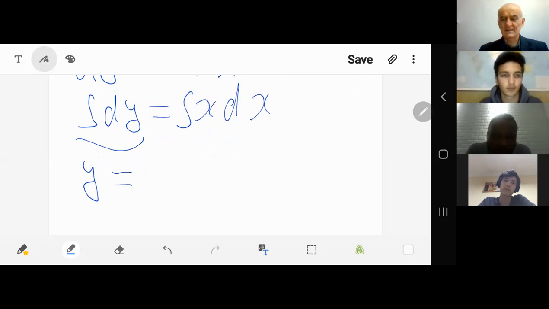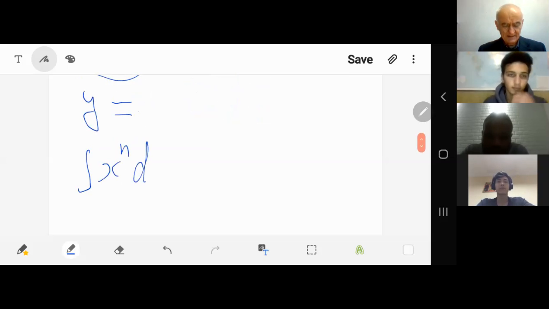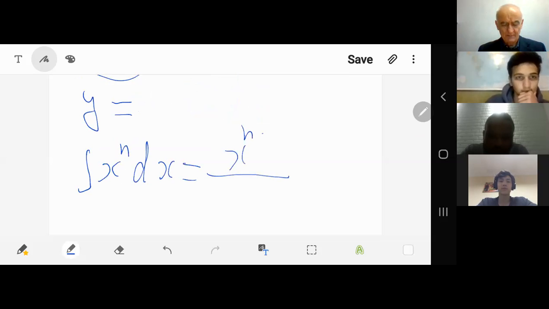Yes, it's x squared divided by 2. Mohammed, do you remember this formula, Emmanuel? The formula for the integral of a power function. I will write down this formula. Look, integral x to power n dx equals x to power n plus 1 over n plus 1 plus c.